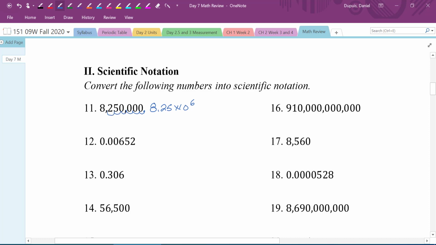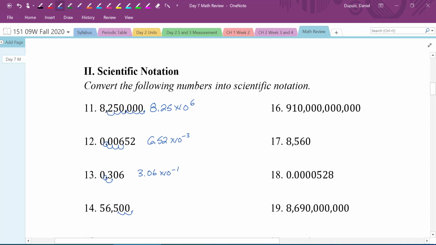This way, 1, 2, 3, negative 3. So 6.52 times 10 to the minus third. This one, we just go minus 1. 3.06 times 10 to the minus 1.